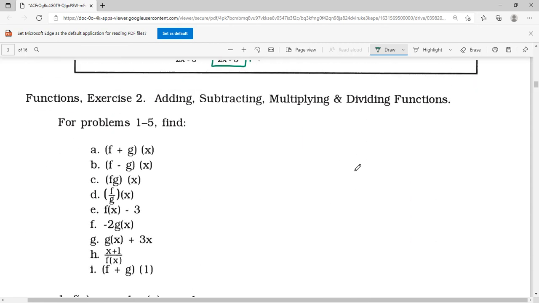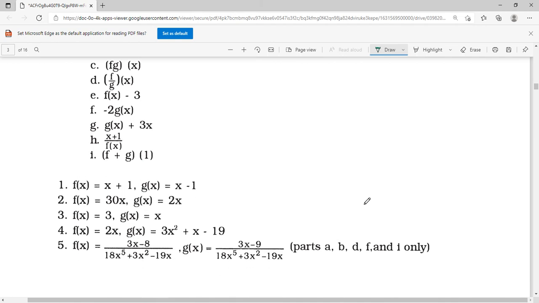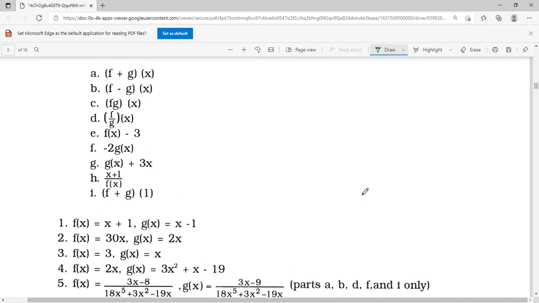Alright, so the homework for problems 1 through 5, you're going to find f plus g of x. Let's see, where is what it tells us what it is. Okay. So for these that look confusing, how you're going to write it on your paper is you're going to write number 1, right? And then you're going to have a.